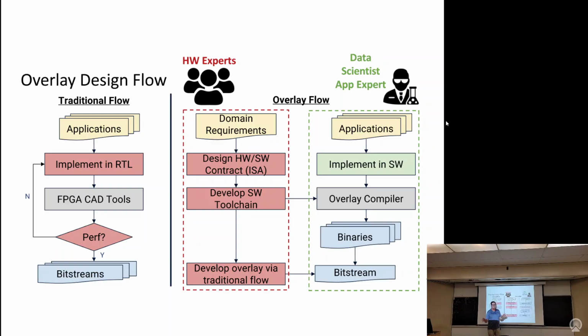So your development is now broken into two pieces: make the software tools to program it and make the hardware overlay. Once you've done that, people who actually want to use it are basically just working in software, right? So they have their applications, they write software for your custom overlay, and they go through a fast compile to turn that into binaries, like just machine language instructions, and now they can run on your overlay. So the overlay has a very nice, productive flow that, once the overlay itself is built, looks a lot more like a GPU or a CPU.